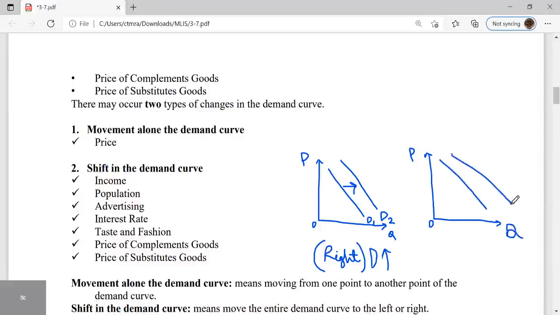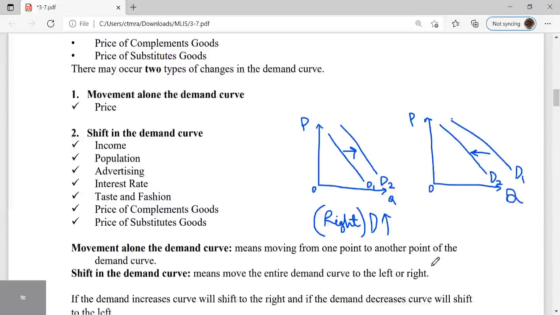Okay, so now suppose the demand was D1 and it's falling, so it's shifting leftwards to D2. One interesting thing about this shifting is that the price will remain the same. At the same price this kind of change will be observed, because the other factors are changing.